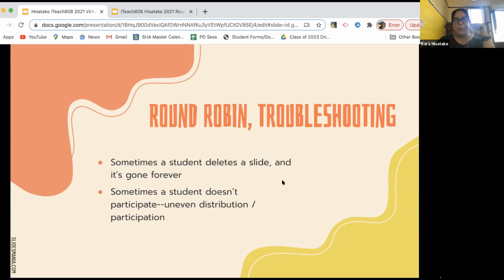The troubleshooting part of it, on the other hand, this has happened to me before, thankfully only in the early stages. Someone's accidentally deleted a slide. And because they all have editing access, it can happen. And for some reason, you're not able to get it back, because I've tried to go back to history and get it back, but I haven't been able to do that.